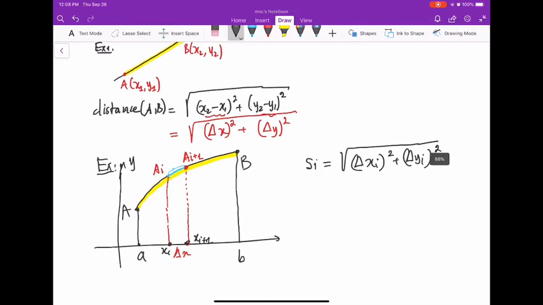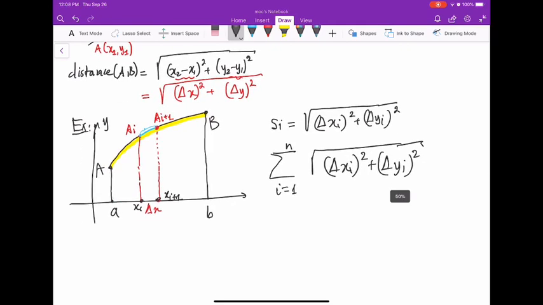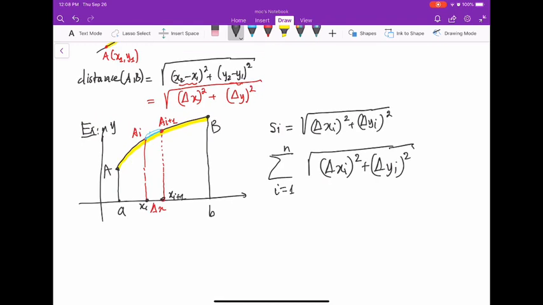So now we sum them up. We get some Riemann sum in here, with i from 1 to n, okay? And then we'll do some limit process.